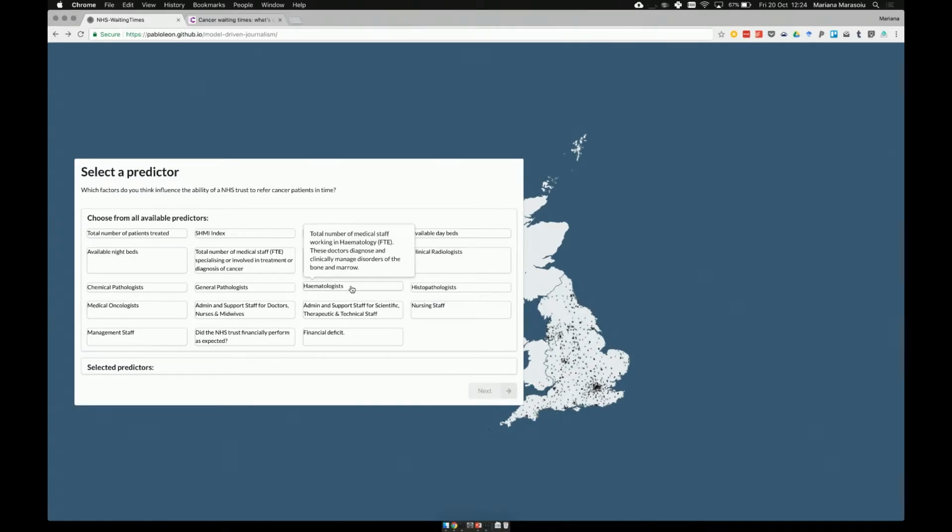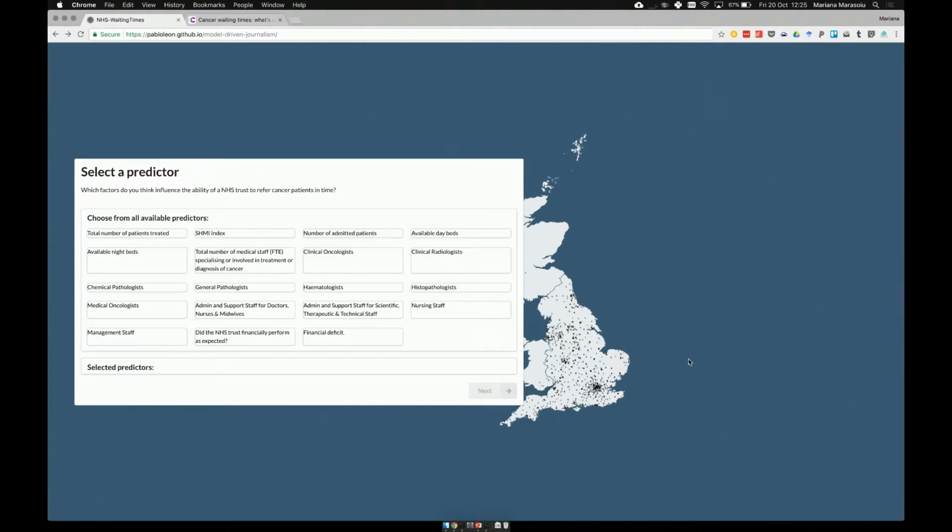So we can choose amongst these available predictors that we collected from open NHS data and combined in one unified database that the user can manipulate and explore, to try and see if they can guess why their NHS Trust, or NHS Trusts in general in England, can't achieve these wait time targets. So does anyone want to pick maybe 3 factors that they think might contribute?